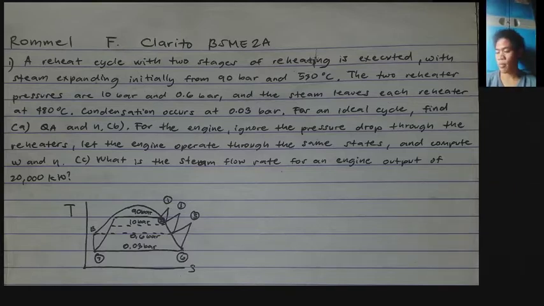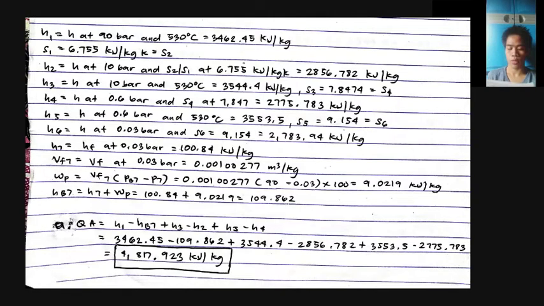Okay, my answer for that can be seen in the illustration, which is from 0.03 bar to 90 bar, and there the values of H1, S1, H2, H3, H4, H5, H6, H7, VF7, WP7, and HB7 are obtained.